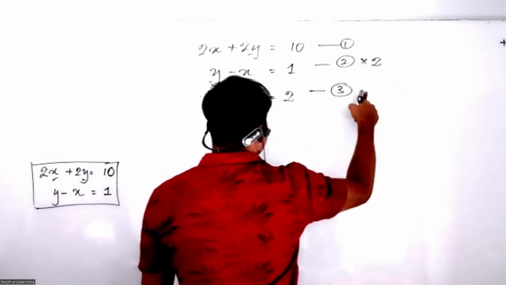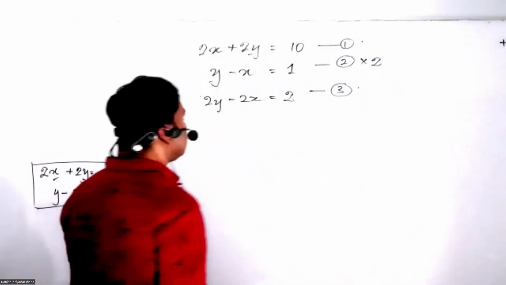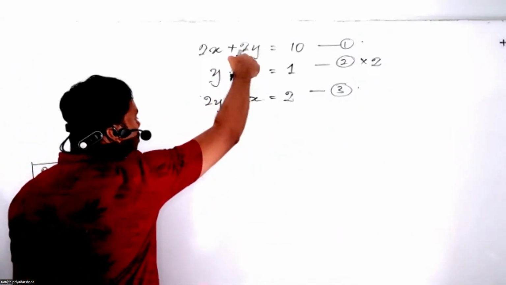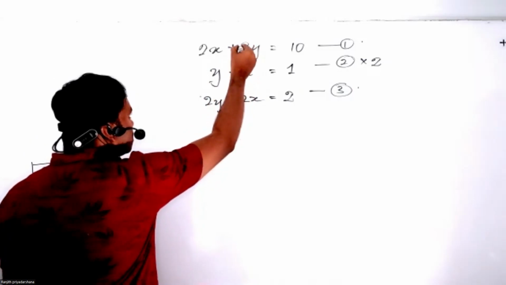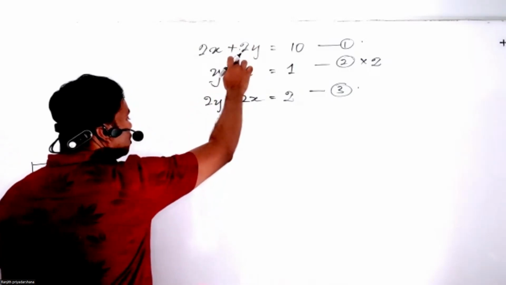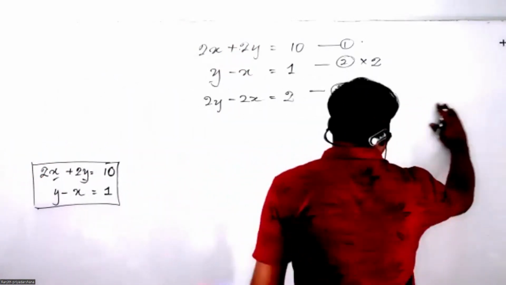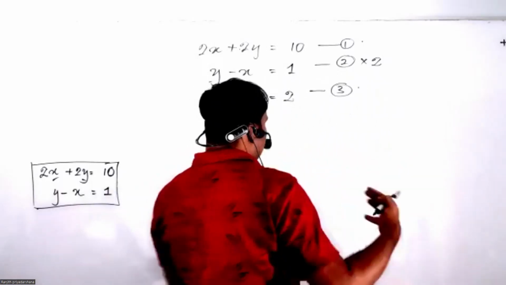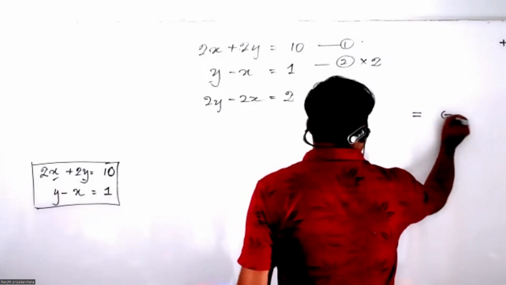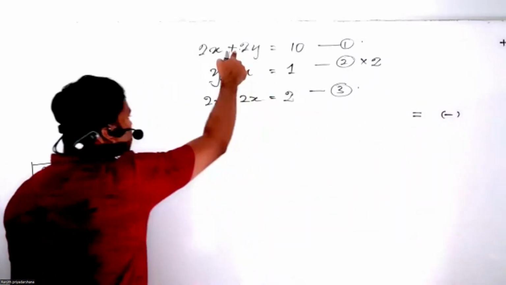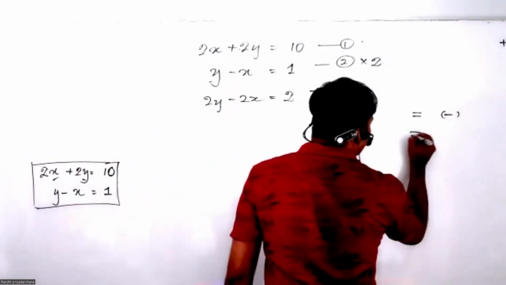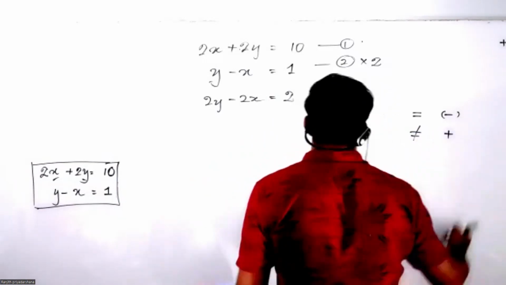You modified that, and the first one is the one you are going to simplify. Here you're going to remove y. Here it is positive 2y, positive 2y. If the signs of the two terms to be removed are equal, you have to subtract the two equations. If the signs are not equal, that means positive and negative, then you have to add both equations.